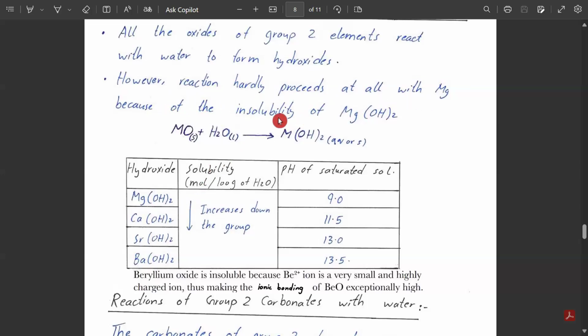However, with magnesium, because of the insolubility of the magnesium hydroxide, it is mentioned here: magnesium hydroxide is insoluble in water. Now we go back to the question and we see that this option can be phased out.